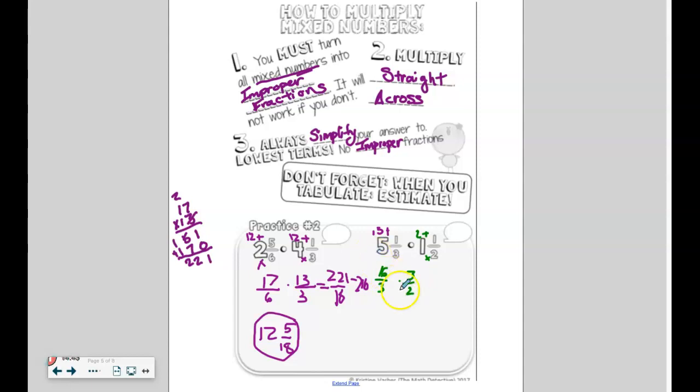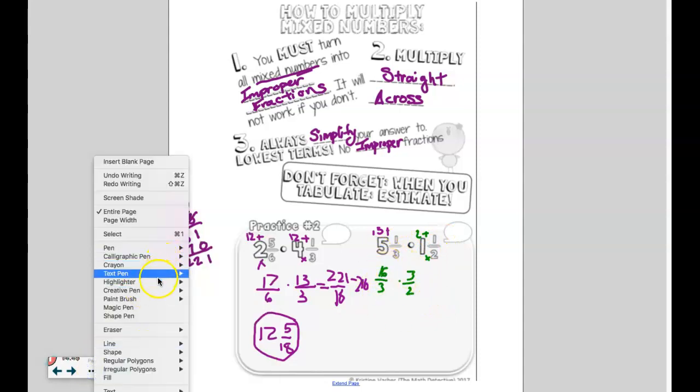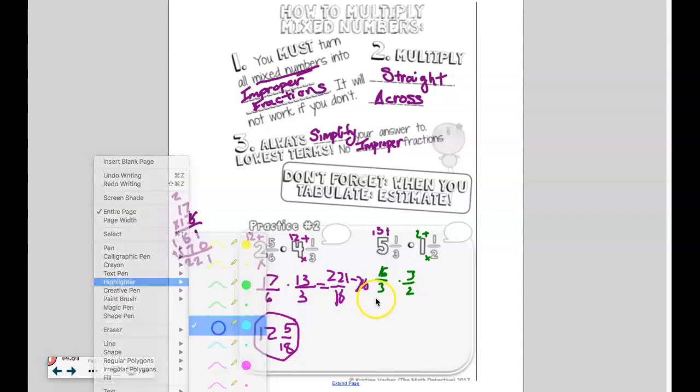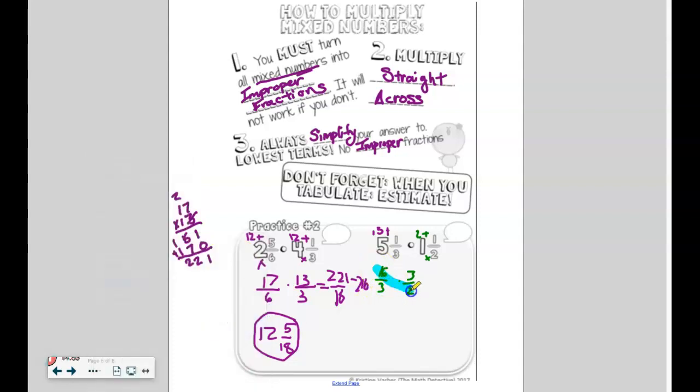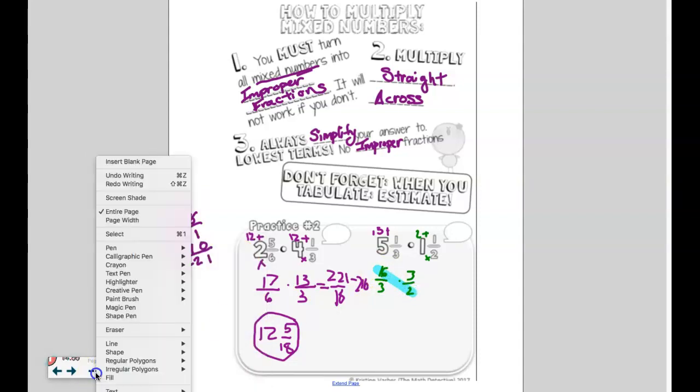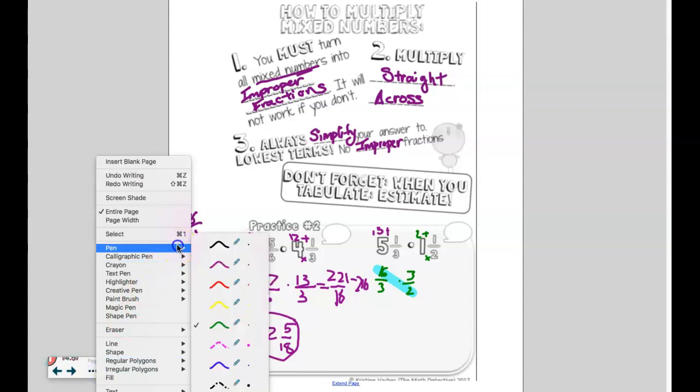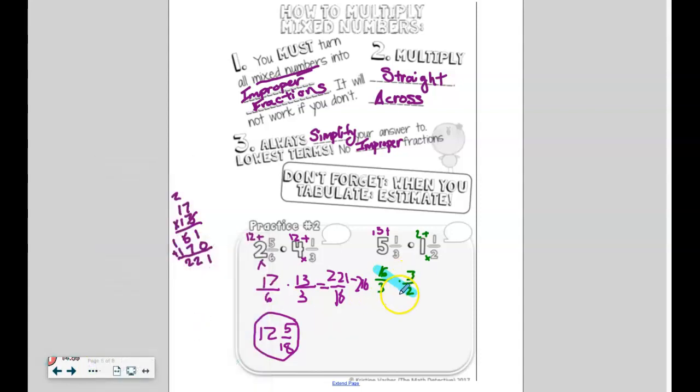This time we can cross simplify. We have common factors. So a common factor between 16 and 2 is 2. So we're going to divide these both by 2. 2 divided by 2 is 1. 16 divided by 2 is 8.